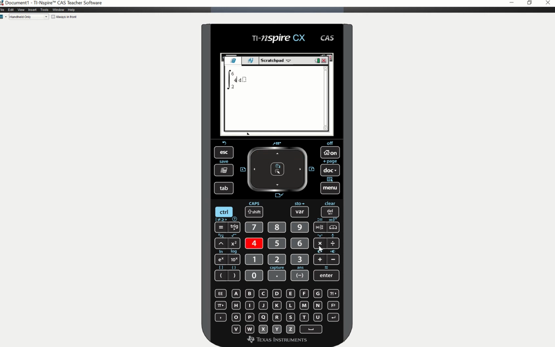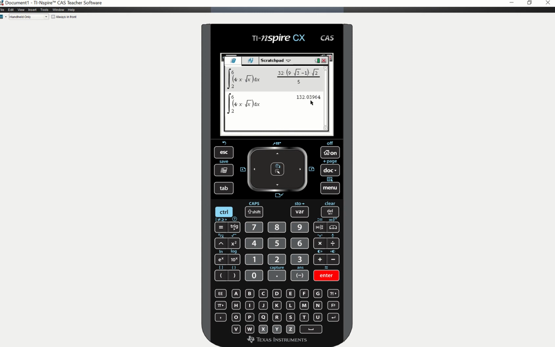So we have 4 times x, and we're going to multiply that by the square root of x, and we're going to integrate with respect to x. And if we hit enter, we'll get our answer. As you look, that's the exact answer in a simplified form. We should be able to hit control enter and get that decimal approximation, which you might remember I said was 132.040, which is what that would round to.